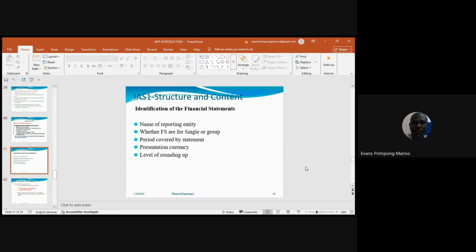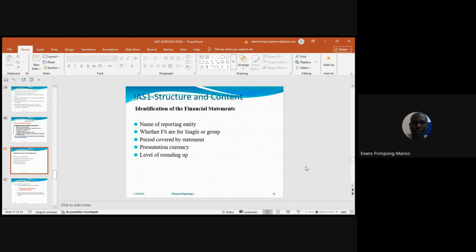So at times they give you ABC Company Limited. You have to write ABC Company Limited on top of the financial statement that you are preparing. If it is Evans and Co. financial statement, you just write Evans and Co. at the top. So the name of the reporting entity is very, very important. You have to show it.